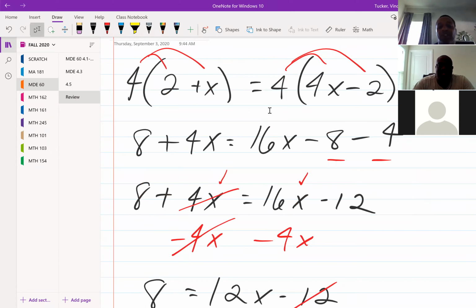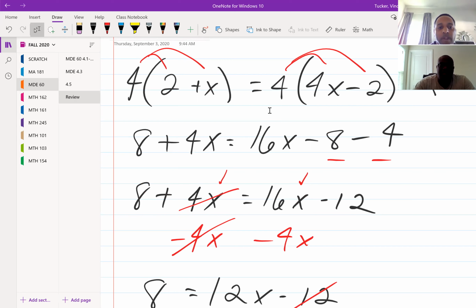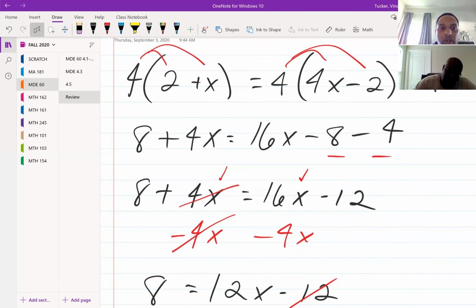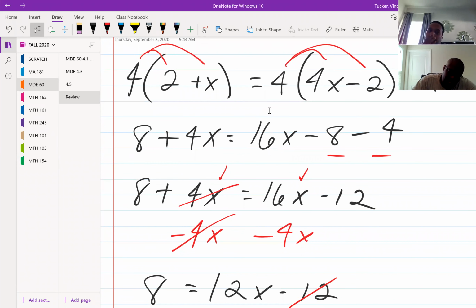So, walking through the process we did. Okay, I got 4 times 2 plus x equals 4 times 4x minus 2. That's 8 plus x... that'd be 4x equals 16x minus 8.